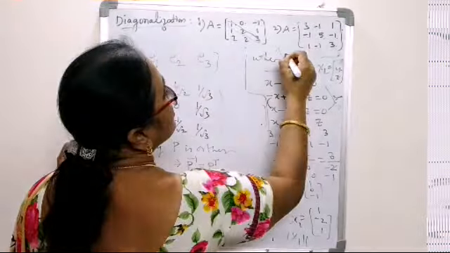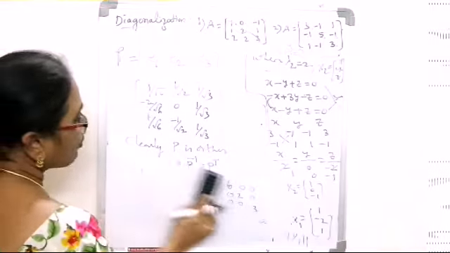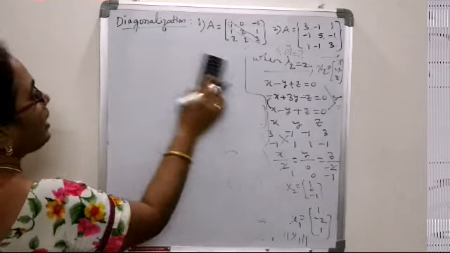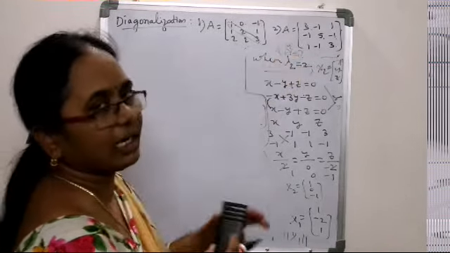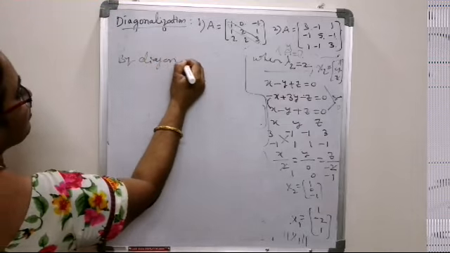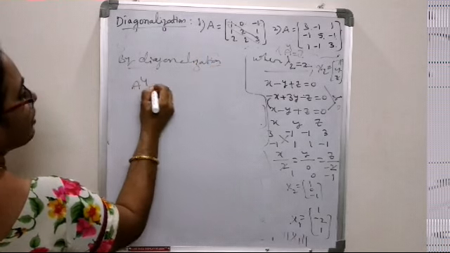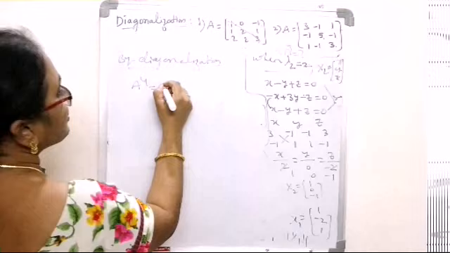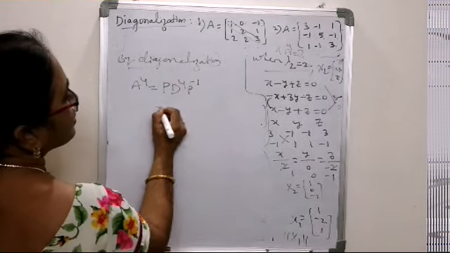In the given problem itself, it is asked to calculate A power 4. Now by the process of diagonalization, let me show you how A power 4 can be calculated. A power 4 can be calculated using the formula P D power 4 P inverse.